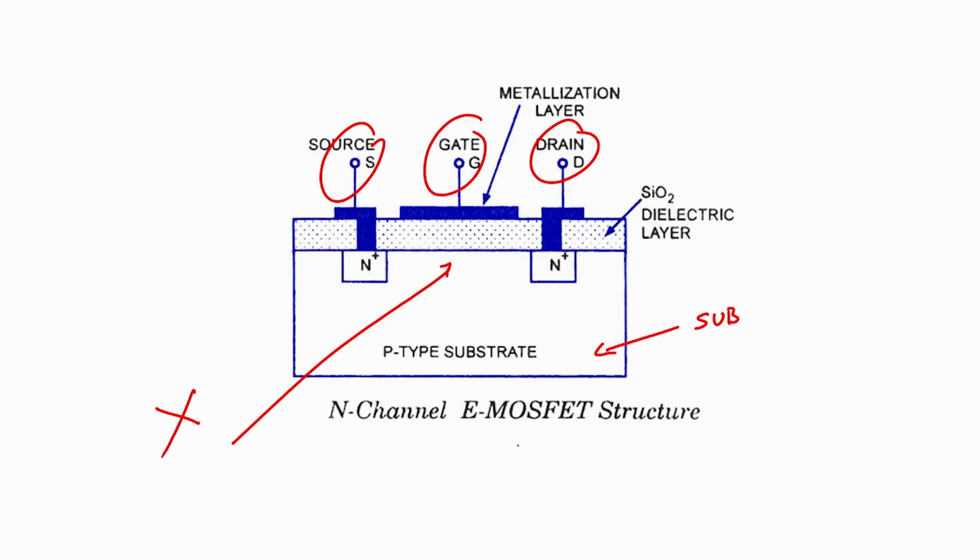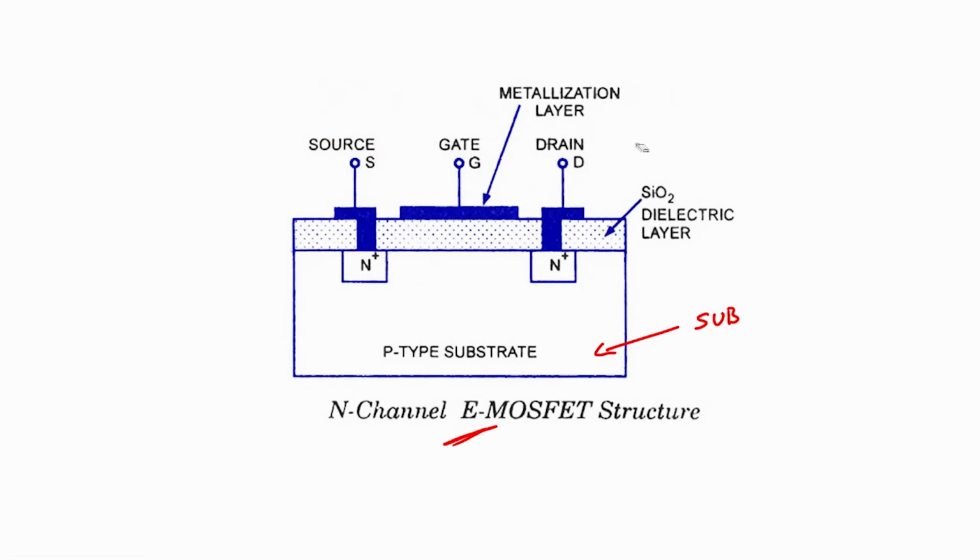So, this is your enhancement type MOSFET. But if there is already an existing channel between the source and drain, then it is a depletion type MOSFET. So, from the beginning, without applying gate to source voltage or drain to source voltage, if there is a channel, it is a depletion type. If there is no channel, it is your enhancement type, okay. So, remember these things.